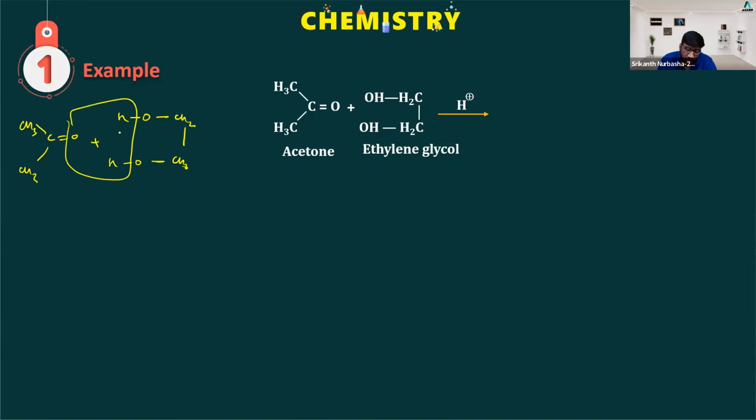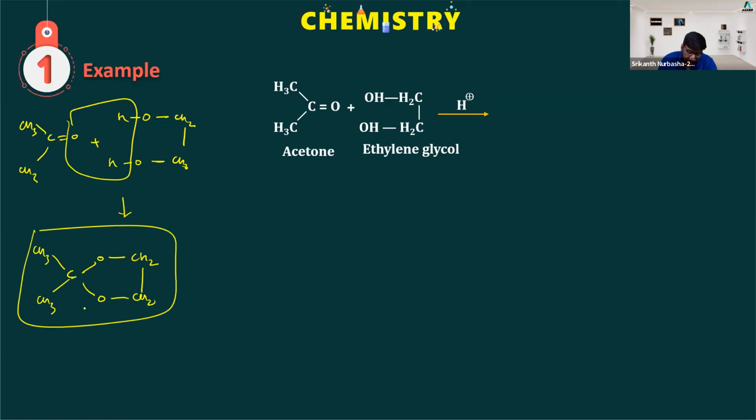So the hydrogens from the OH are going to be lost, and the oxygen from C double bond O is going to be lost. You generate CH3, CH3, C with two O's, connected through CH2 and CH2. This is a cyclic ketal. And for this cyclic ketal, if I add more water, what happens? We'll get ethylene glycol and acetone back.